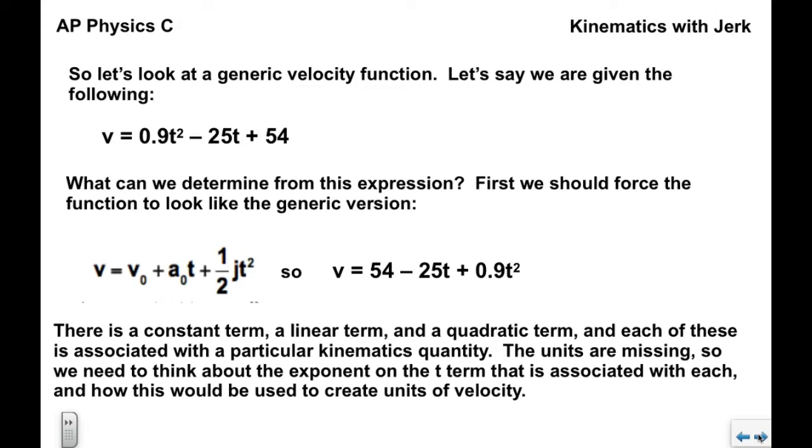When you think about the exponent on the t term that's associated with each one and how this would be used ultimately to create units of velocity, we know that this term here is an acceleration term, so it's going to have units of meters per second squared. We're multiplying by t, so one of the seconds in the denominator goes away, and we're left with meters per second, which of course is what we want. The same thing happens with the jerk term here.